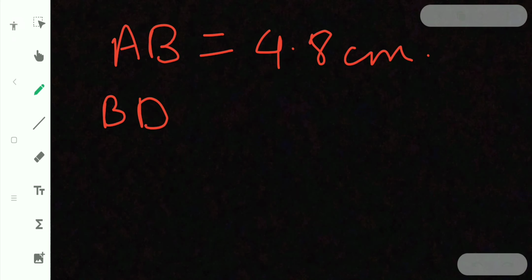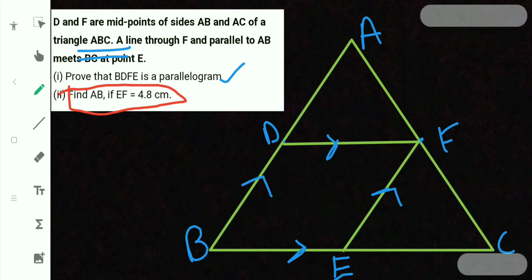Now BD will be equal to EF. So you can pause the video and just get the reason. I hope you have done that. BD will be equal to EF because you know in a parallelogram opposite sides are equal and parallel.